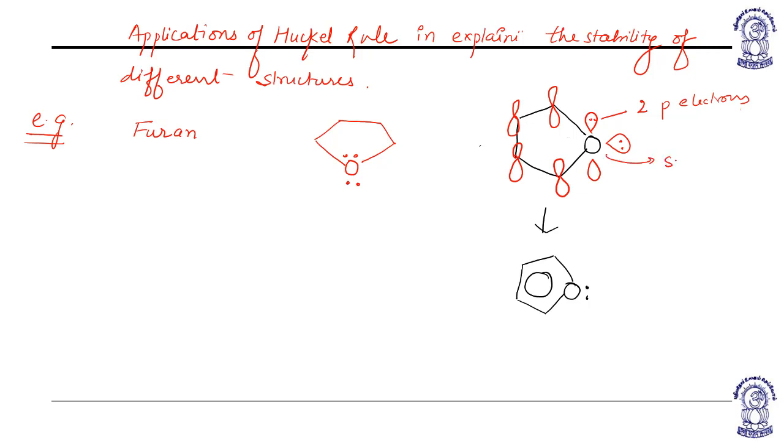This is sp2 hybridized. Here you can see the cyclic delocalization. This is the structure of furan, which is an aromatic compound.